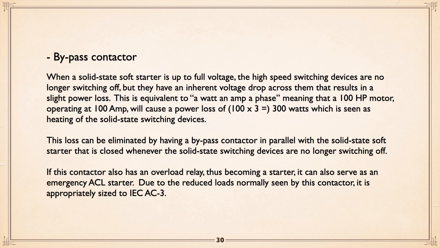In other words, if the solid state starter for some reason fails, and you've done that with the bypass contactor and you got the rate controls, you can actually run the motor across the line using that. Because that happens so seldom and it's not normally being used to start the motor, then you can go to an IEC AC3 contactor and save a few bucks and save a little bit of space, because it's not doing anything very significant.